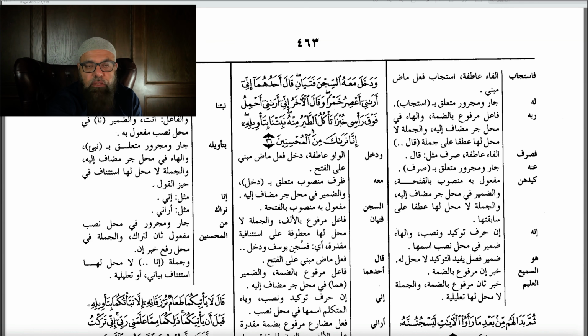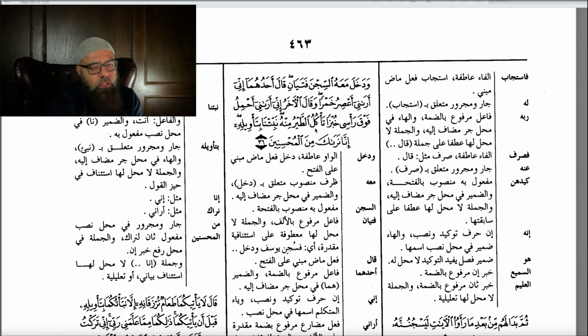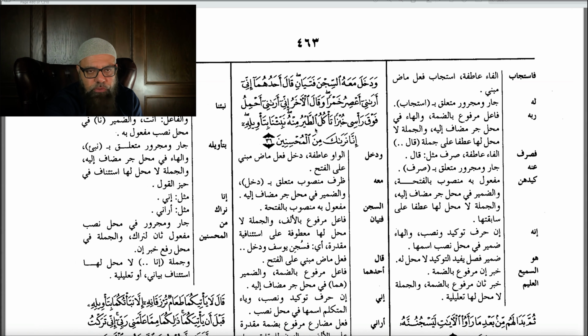So if it's any of those three things, they say that the sentence is fi mahalli rafa, nasab, or jar. And if it's not occurring in one of those three scenarios, then the term for that is istinafiya, jumlatun istinafiyatun, and an istinaf sentence would be preempting a question, or clarifying a vagueness, or a re-elaboration of what was said in the earlier sentence.